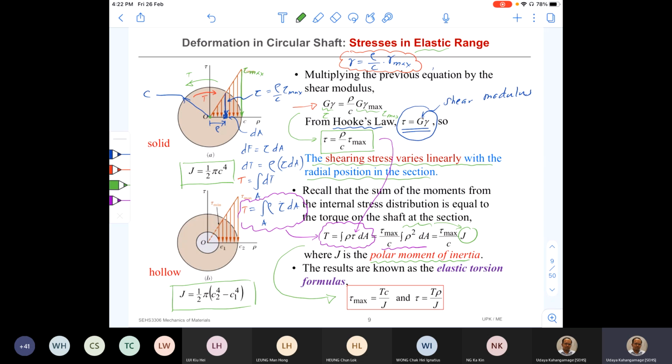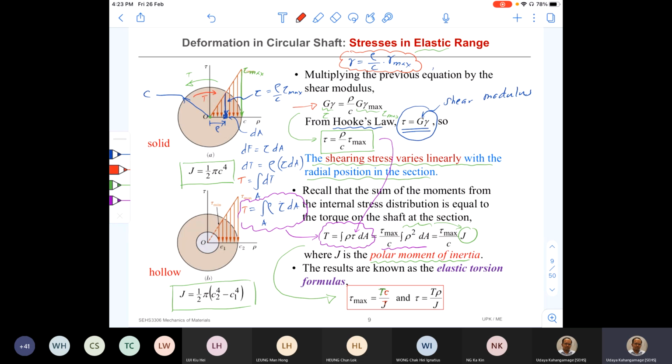So when it comes to designing, you need to quantify the maximum shear stress. We can quantify it in terms of the applied torque T and the geometric details, that is the maximum radius, because maximum shear stress happens at the maximum radius.